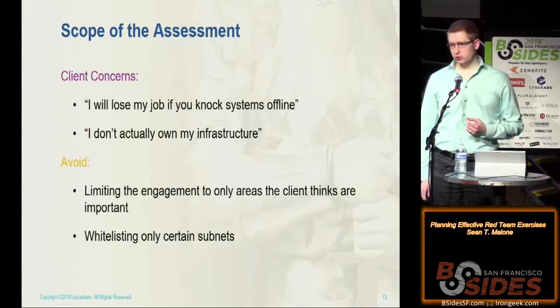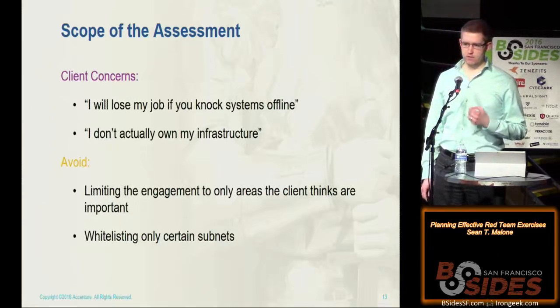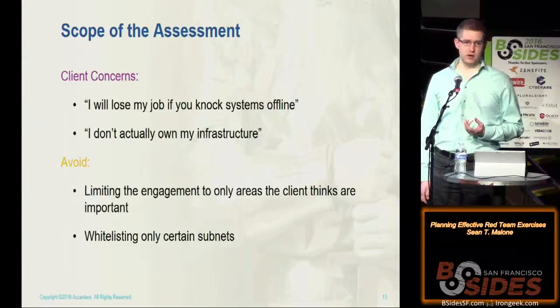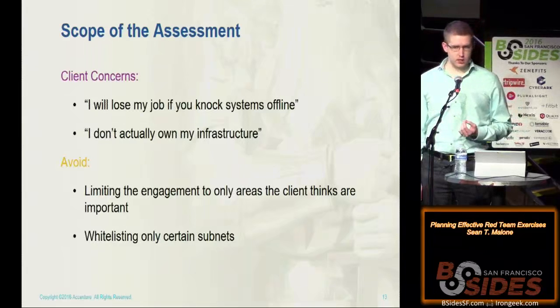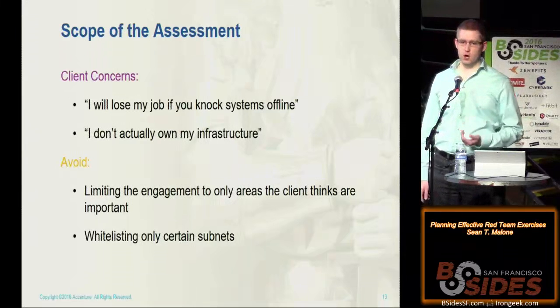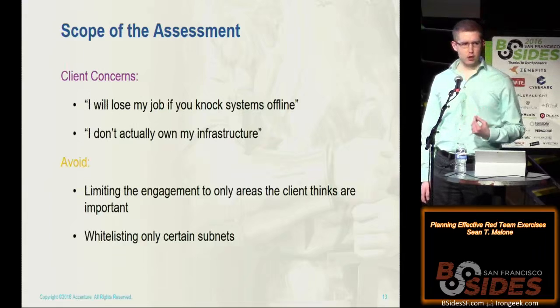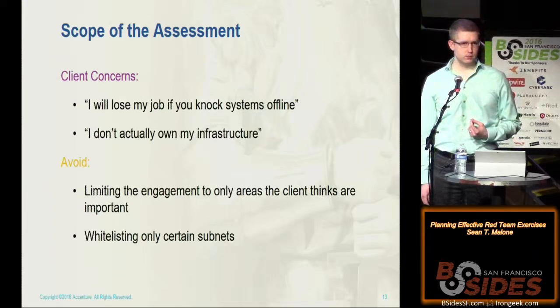Our response to that is usually, if we can easily knock over a system through our type of very manual white glove testing, then that's a huge finding in and of itself. But really, at the end of the day, it comes down to trust. It comes down to what is their level of confidence in your team's ability to operate carefully in this environment.